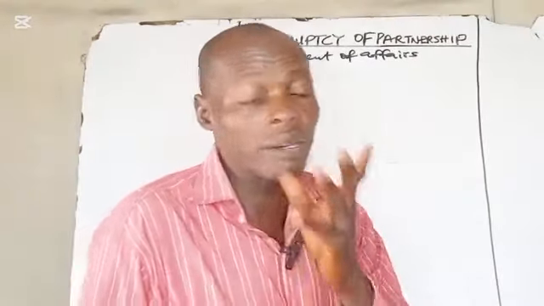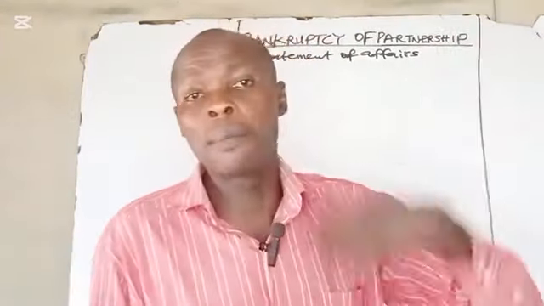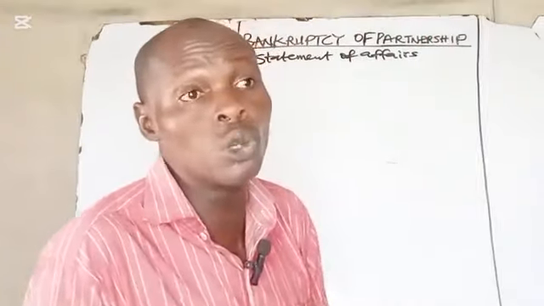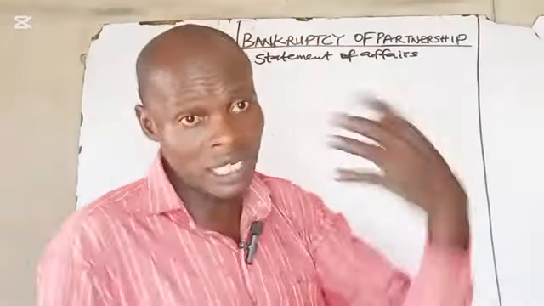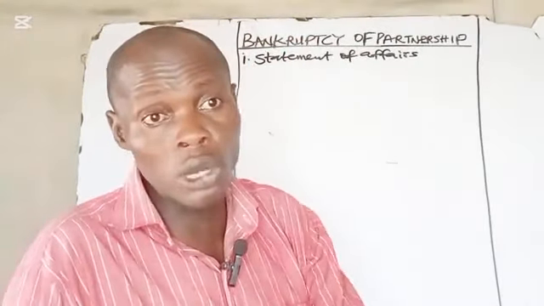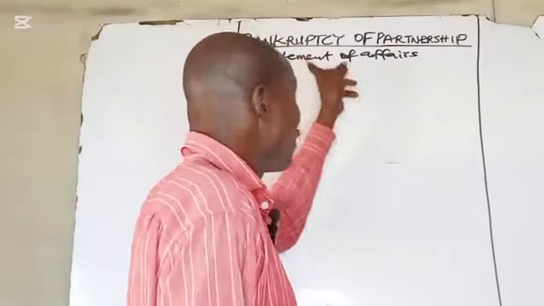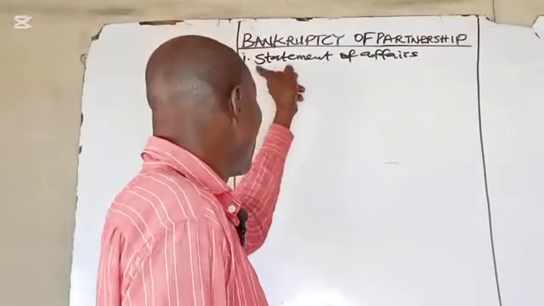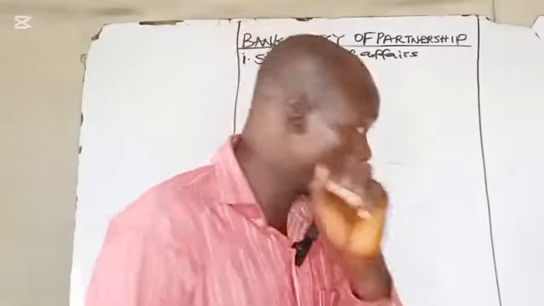But the statement of financial position is prepared on a going concern basis. That is why we record the assets at their historical cost. For the statement of affairs, we use a break-up basis, so we use the realizable value of the assets, not the book value.